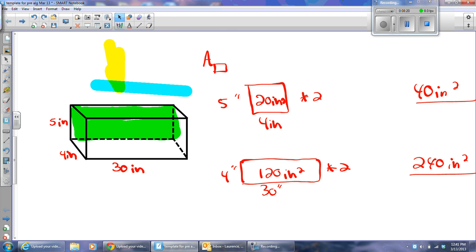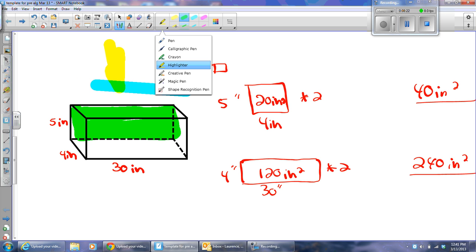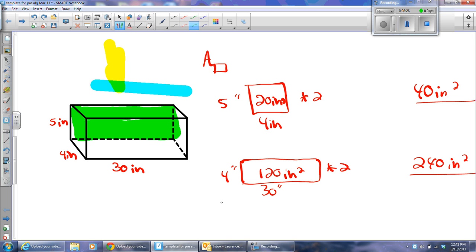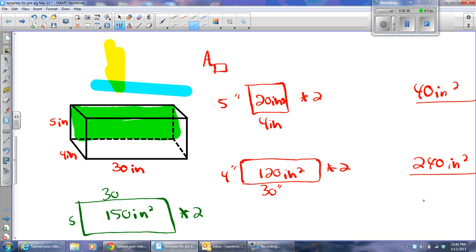And those 2 rectangles are each 5 by 30. 5 by 30, excuse me, 150 inches squared. There are 2 of them, and so that is 300 inches squared.